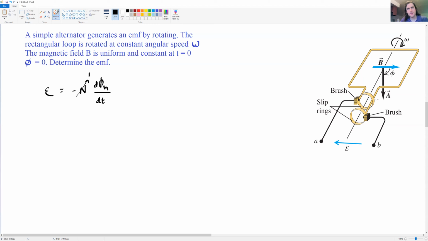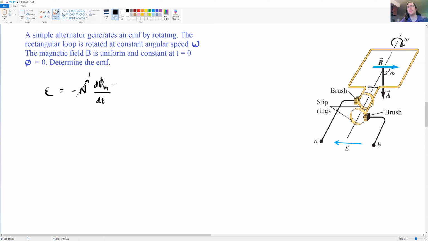Sometimes it's unclear what the area is. It's usually assumed that the area is, if I add in this dotted line, this rectangle right here. Just that rectangular piece is the area that you're working with. Sometimes that is not so obvious, but it's always assumed to be that way.